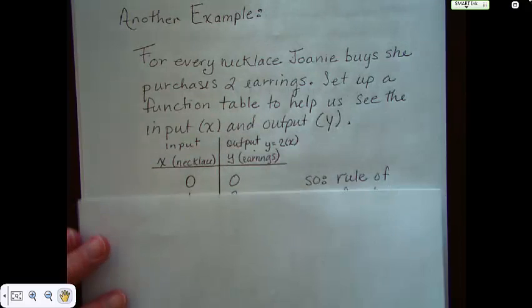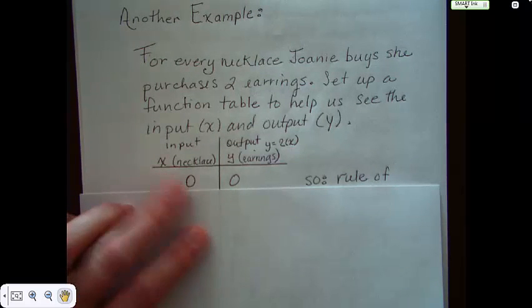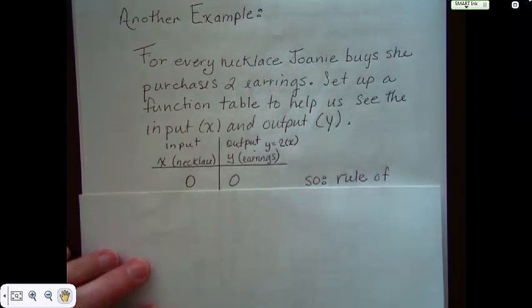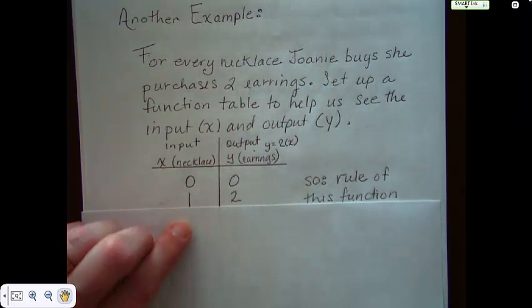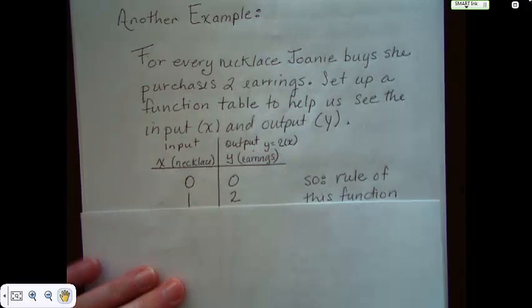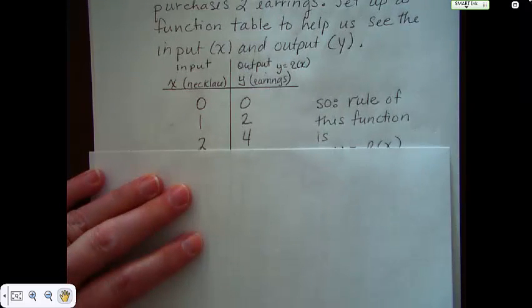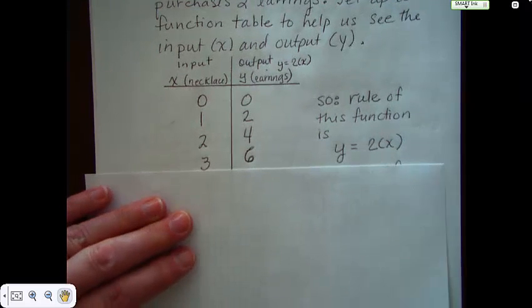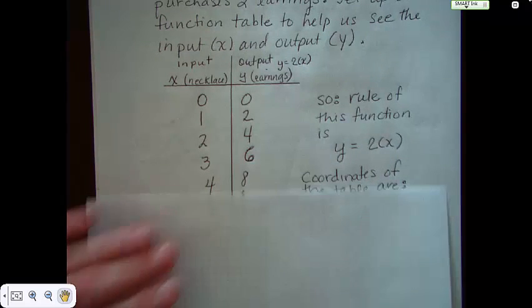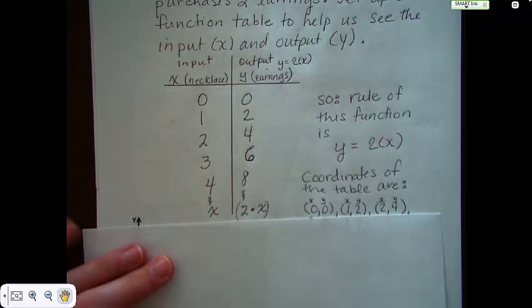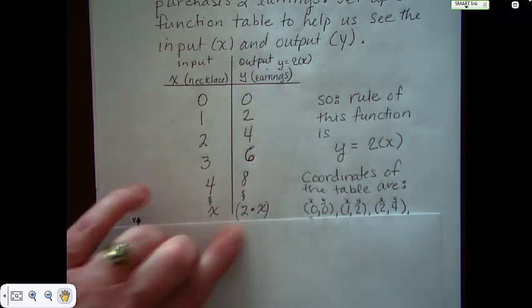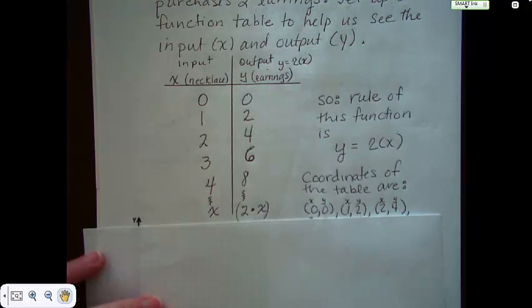Okay, here's our function table. If we have 0 necklaces, we have 0 earrings. If we have 1 necklace, we end up with 2. If we have 2 necklaces, we end up with 4 earrings. 3, we end up with 6. 4, we end up with 8. X necklaces, 2 times x earrings.